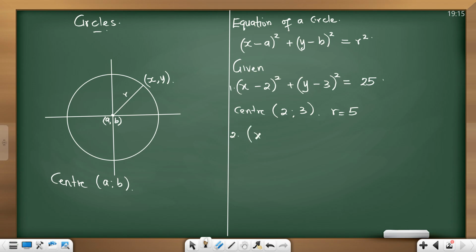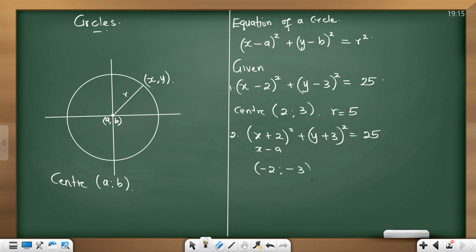What if I have x plus 2 squared plus y plus 3 squared? See, I'm comparing. It says x minus a and x plus 2. So if I compare, what do you notice? My negative a is 2. So what's the center?